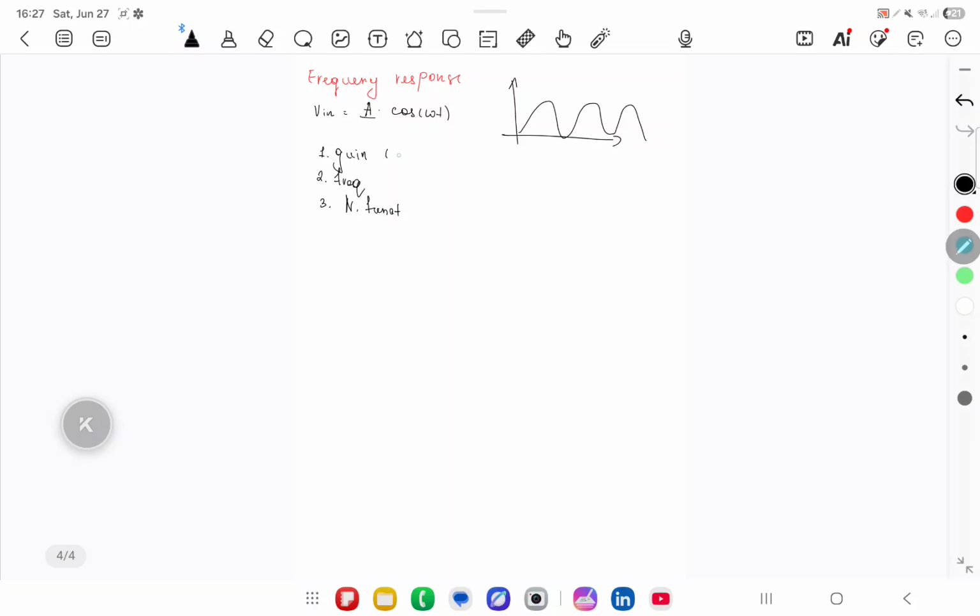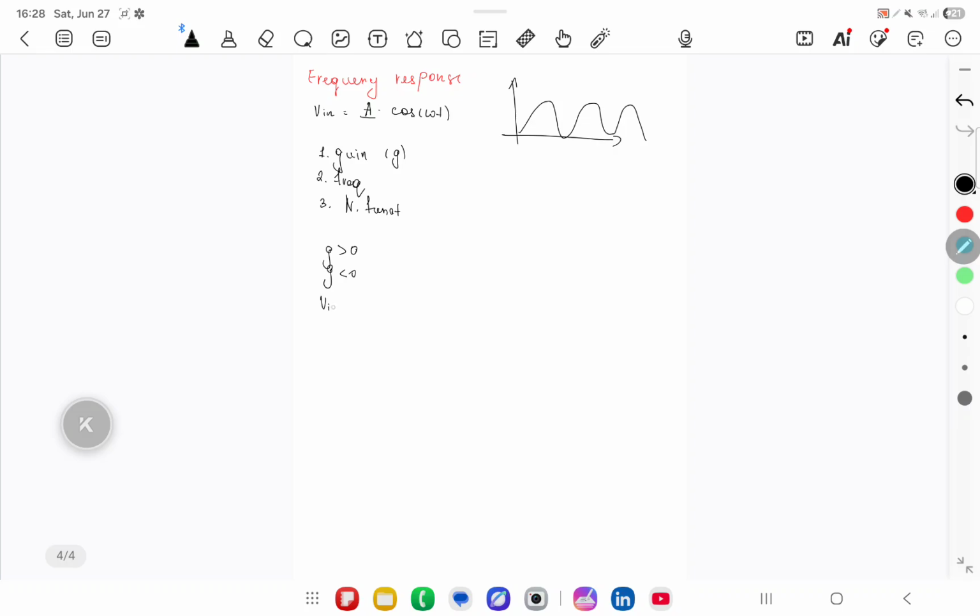If I say that gain is, let's say, letter G, G can be both positive and negative. If it's positive, it means that your signal is amplified. If it's negative, it means that the signal is reduced.